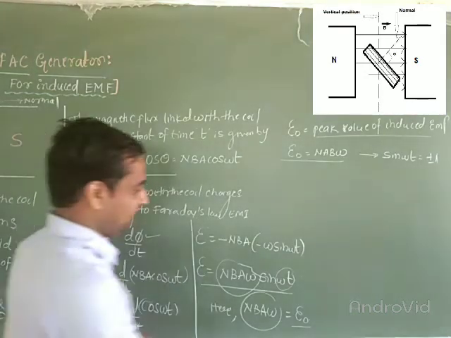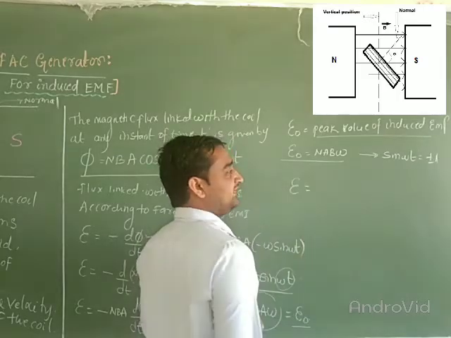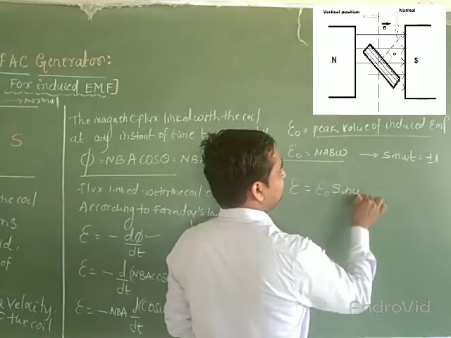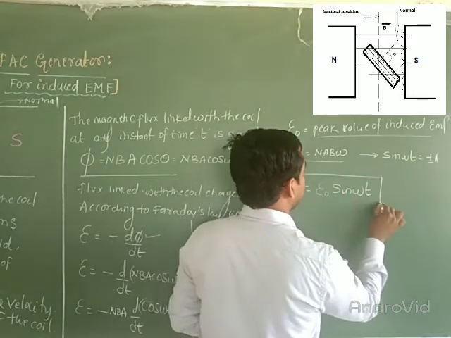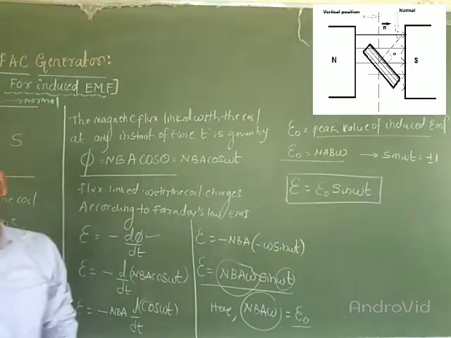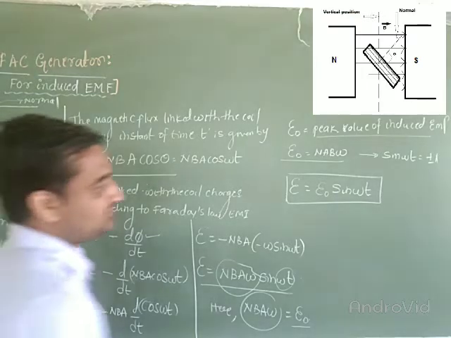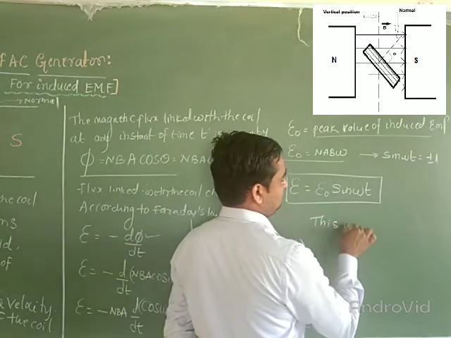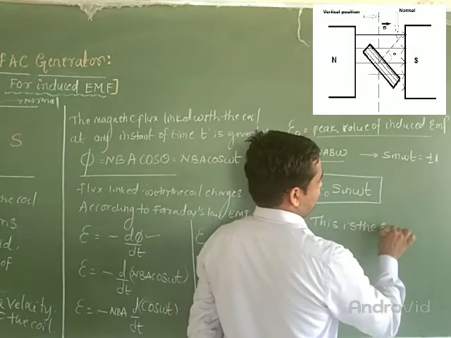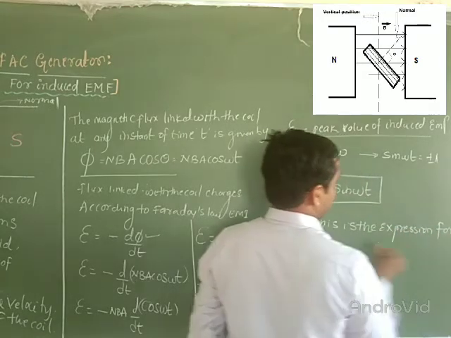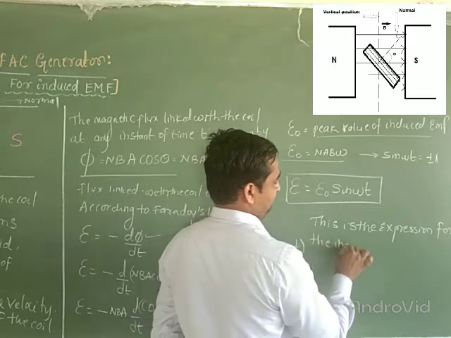So by this equation, we can write the expression for the induced EMF as E equal to E naught sin ωt. So this is the final expression for the induced EMF, that is E is equal to E naught sin ωt.